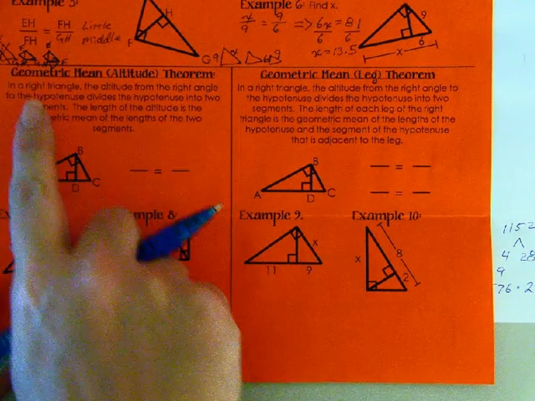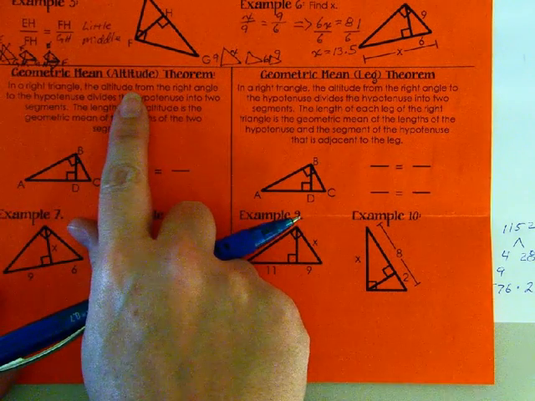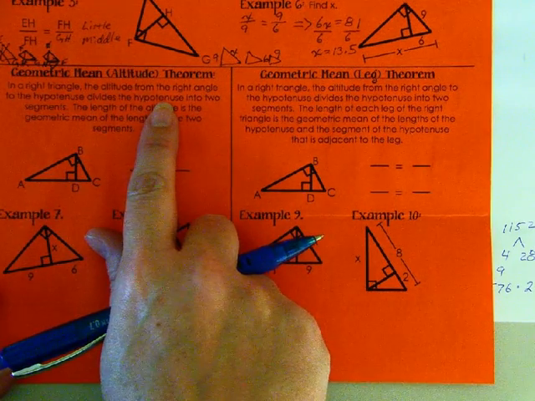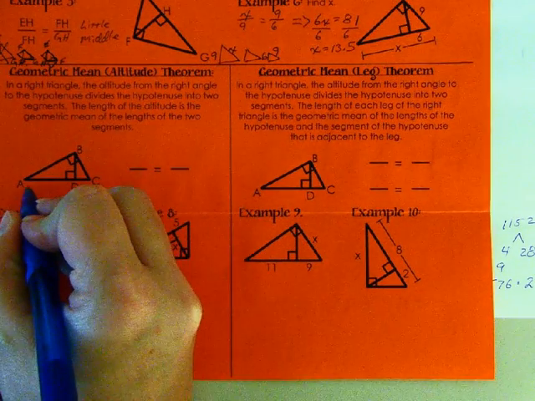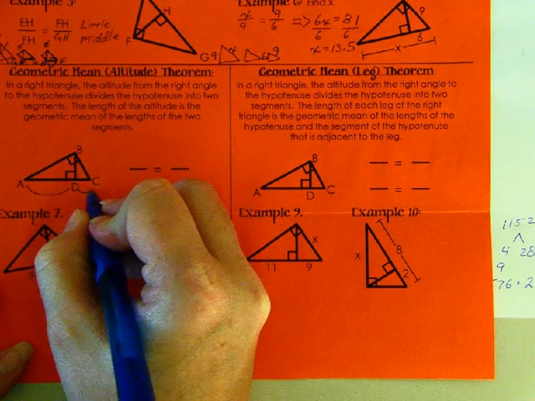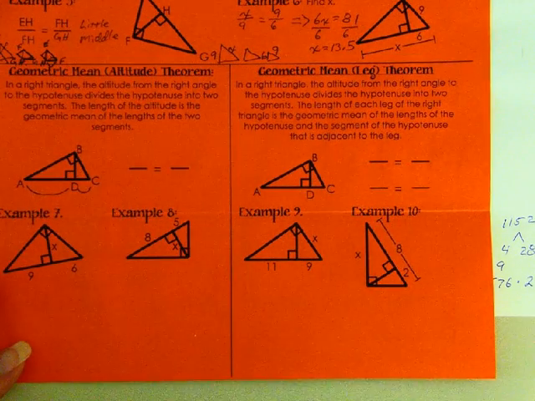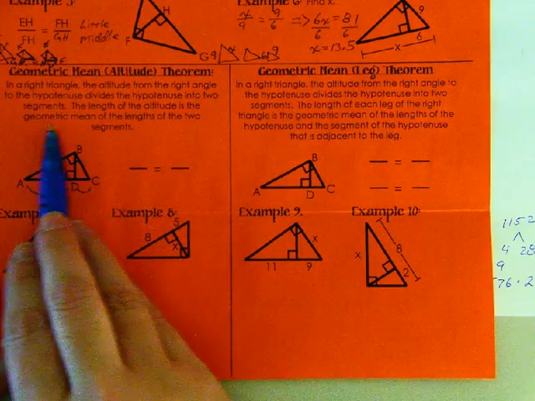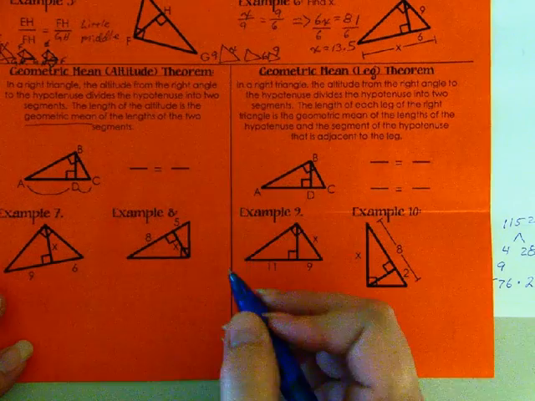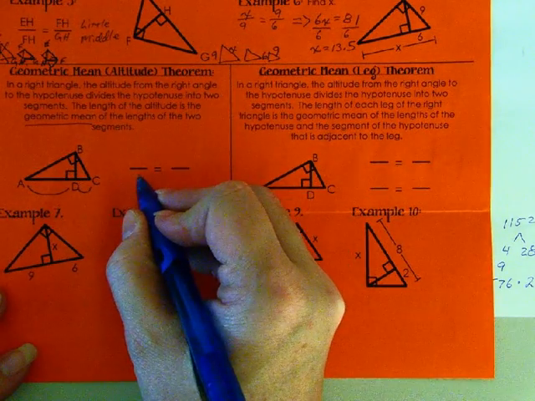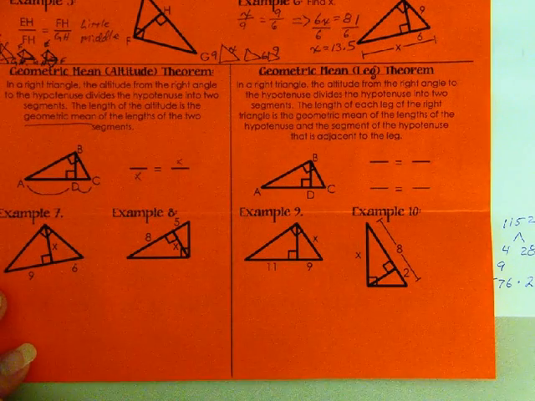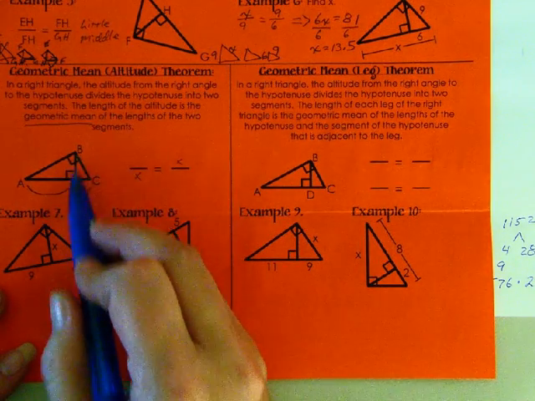So what this says, in our right triangle, the altitude from the right angle to the hypotenuse divides our hypotenuse into 2 segments. So here's one, here's the second one, 2 segments. The length of the altitude is the geometric mean. So if you remember, we said that that goes here and here. So the altitude is segment BD.